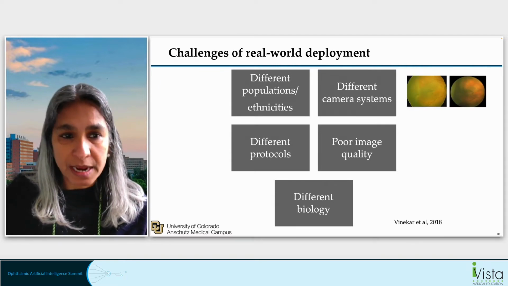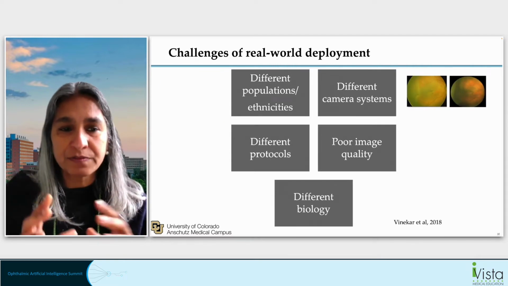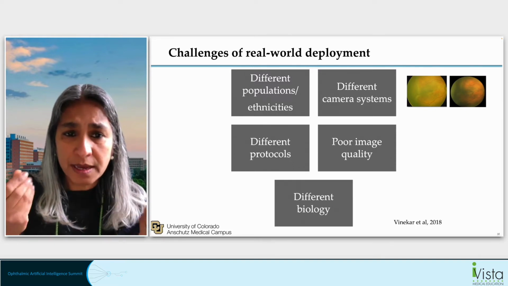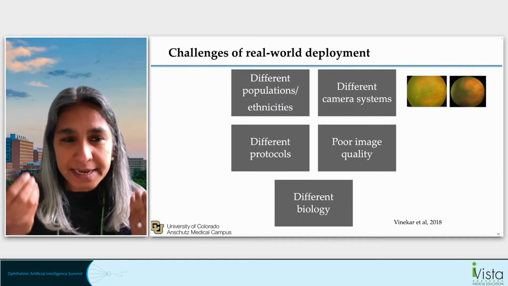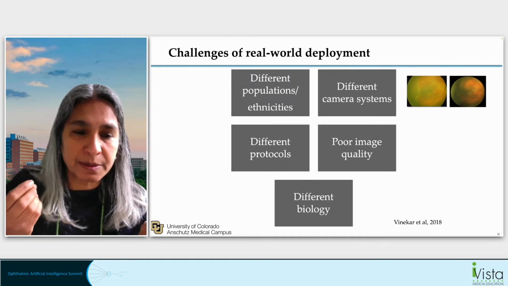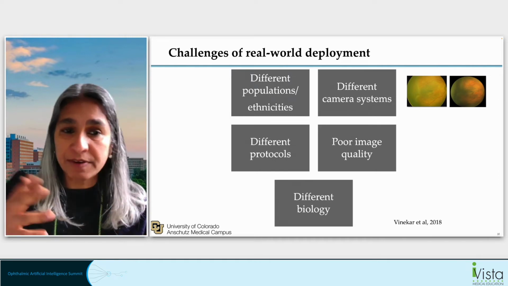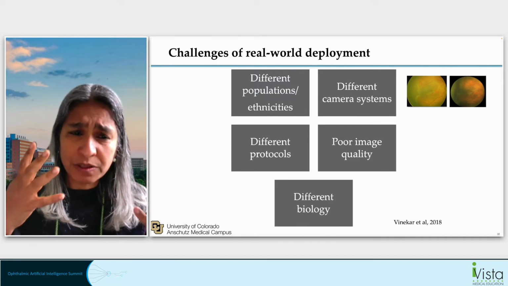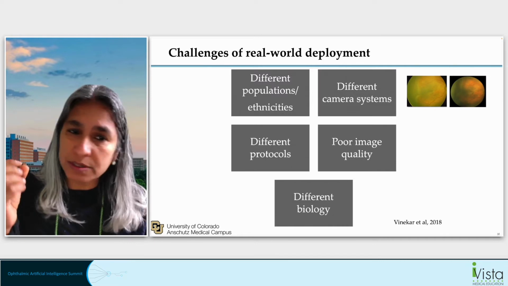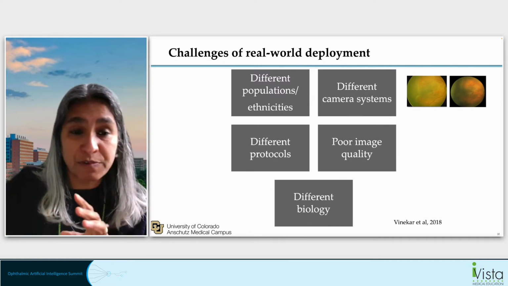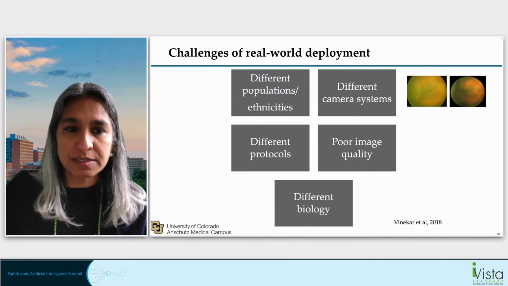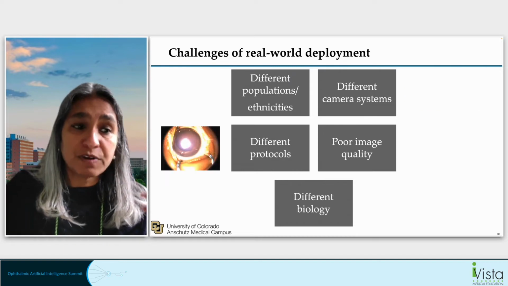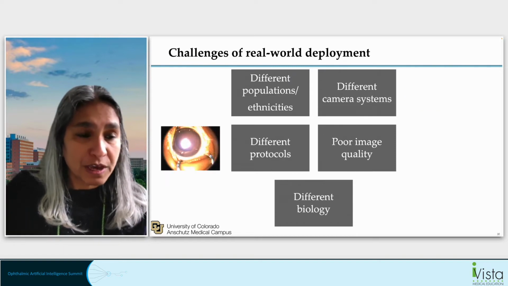We see different camera systems. They might have different fields of view. The pigmentation, I mean, the color might be different. The illumination might be different. Things like texture that are hard to appreciate might be somewhat different. And we saw this extensively in other fields, like in cervical cancer screening, where even though the humans couldn't quite tell what the difference was, the algorithm was very sure that this image came from this camera system and this image came from this other camera system, and behaved quite differently in these different protocols and with what kind of images you might acquire.